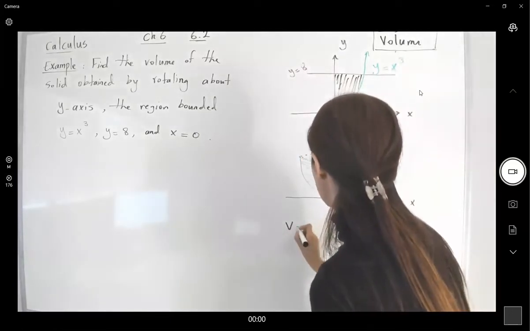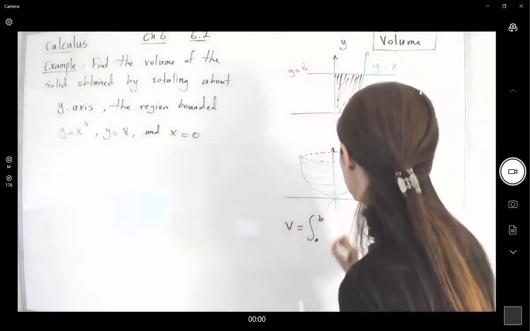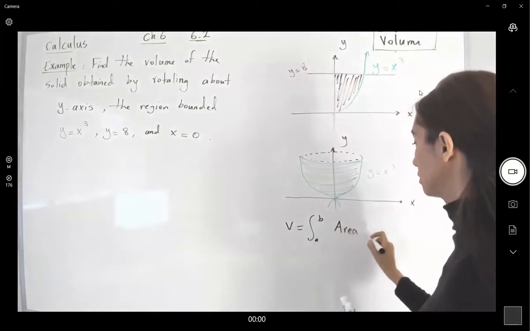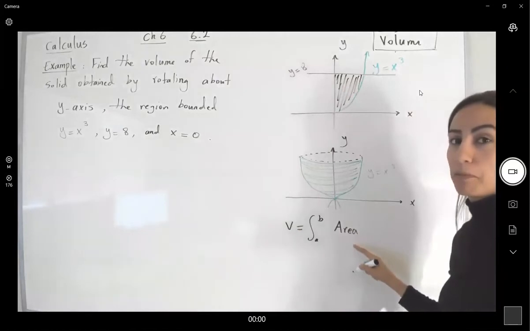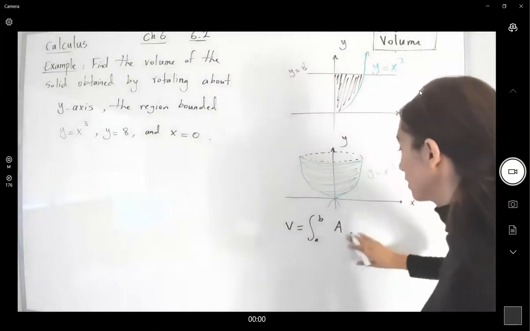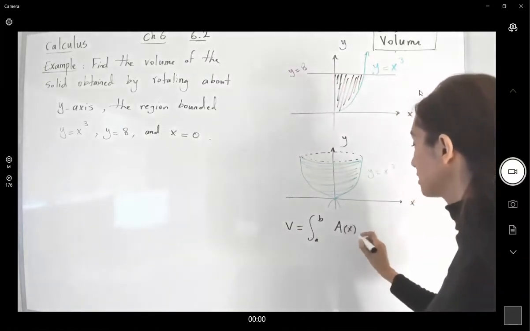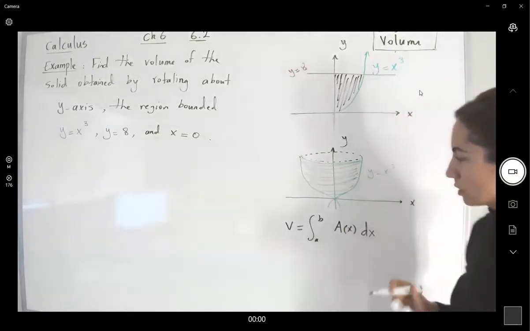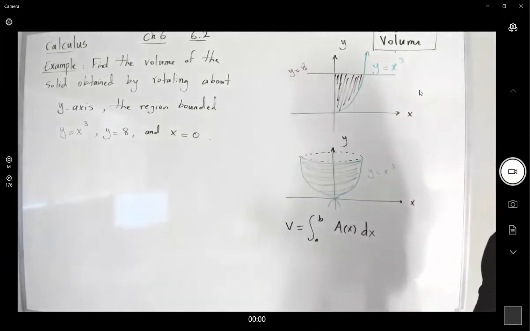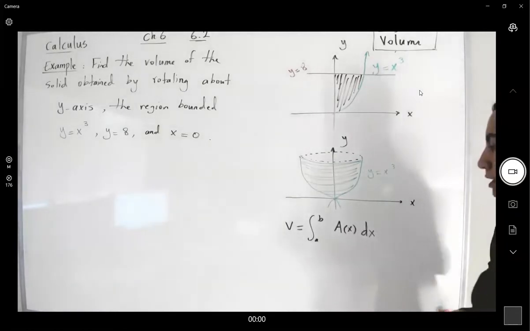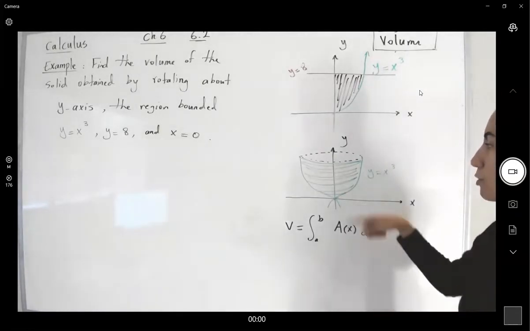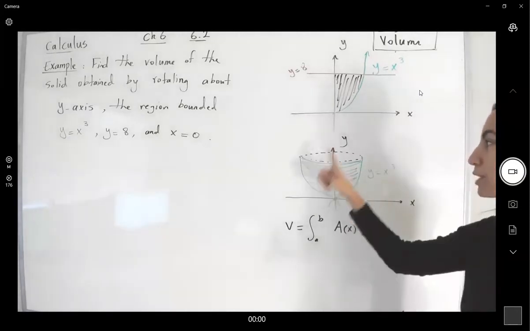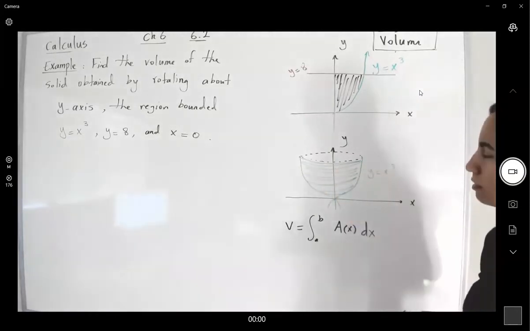So the volume is the integral from a to b of the cross-section area, and if it's dependent on x, we have the area with respect to x and dx. Now just think about this. Are we trying to rotate this with respect to the x-axis or with respect to the y-axis?